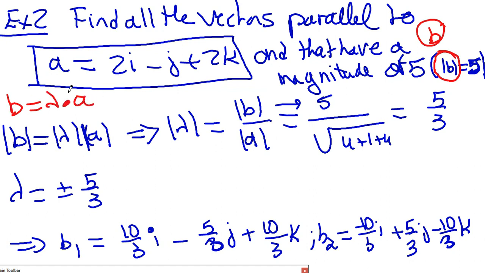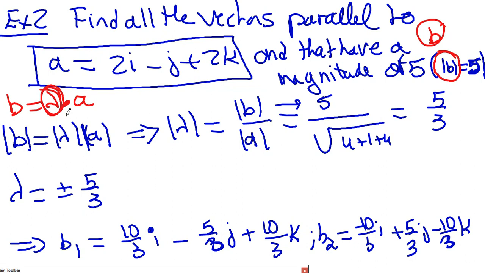It could be b = 2a, 3a, but here I want the magnitude of b to be equal to 5. So my first objective is to find by which constant I need to multiply a. To get this vector, I need to multiply a by a constant to give me the collinear vector.